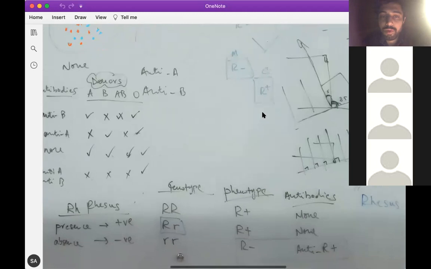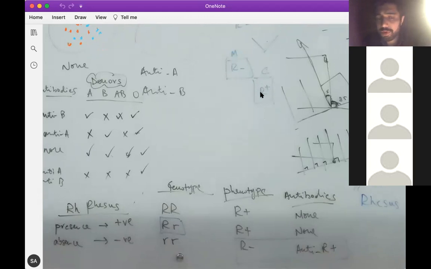Okay, so when we talk about the mother here as the host system, it has not seen the R positive protein.